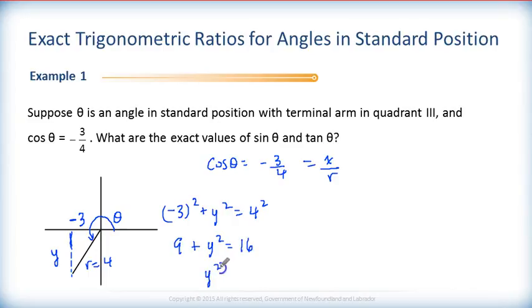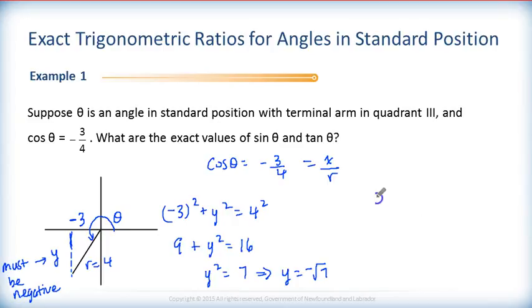Subtracting 9 from both sides, we've got y squared equals 7, which means y is equal to the square root of 7. But again, hold on. In this quadrant, our y value must be negative. That's important. So we use a -√7 in this case.